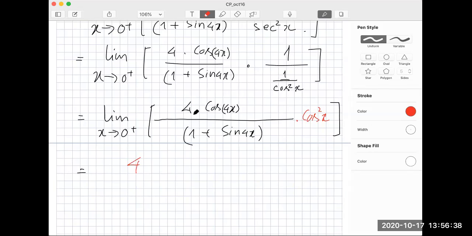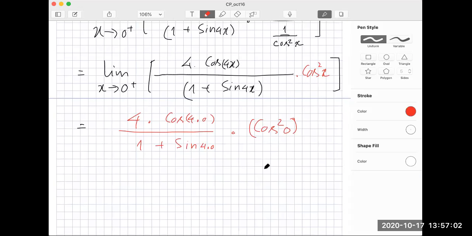be careful, 4 times cosine of 4 times 0, right? Divided by 1 plus sine of 4 times 0. Multiplied by cosine at 0 and then squared, right? What is cosine of 0?